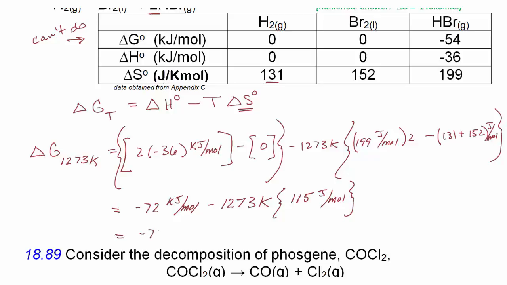So I'll have a negative 72 kilojoules per mole minus 1273 Kelvin. How do I get that into kilojoules? Just move the decimal place over how many times? 3. 1, 2, 3. Divided by 1,000. 0.115 kilojoules per mole.